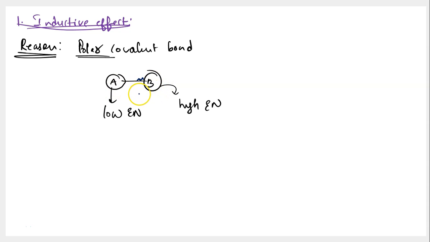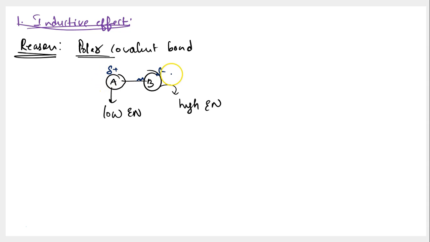As a result, the low electronegative atom feels a little electron deficient and experiences a delta positive or partial positive charge. And the second atom B experiences a slight overpresence of electrons because the bond pair lies closer to it, exhibiting a slight delta negative or partial negative charge.